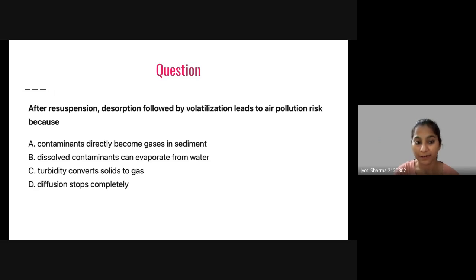If there is a resuspension, resuspension means your solid sediment particles have been moved to the water part, right? If this is the case, and if there will be desorption followed by volatilization, then what will happen and why is this happening?